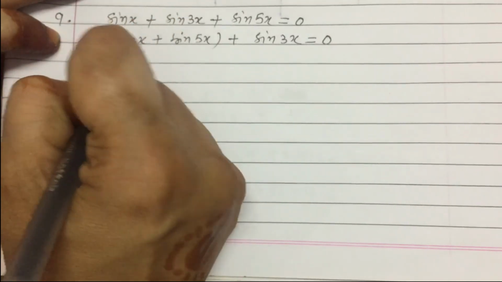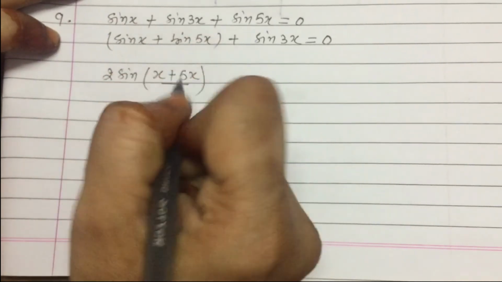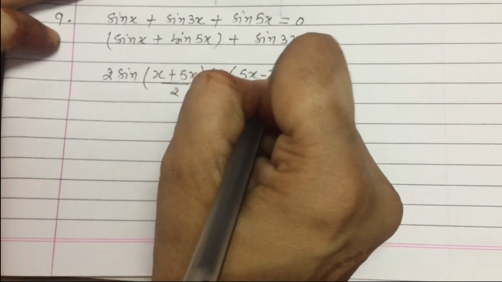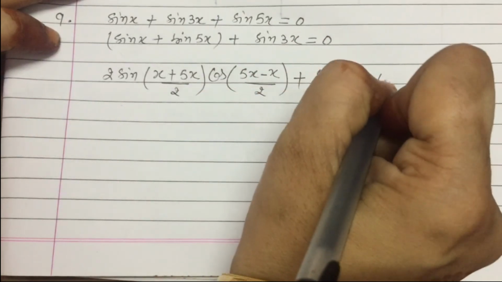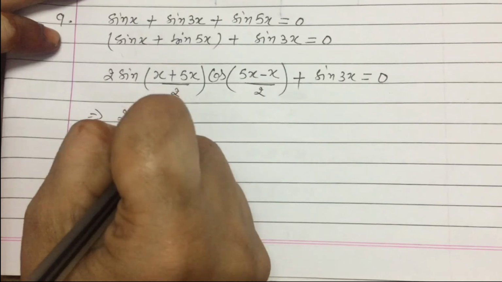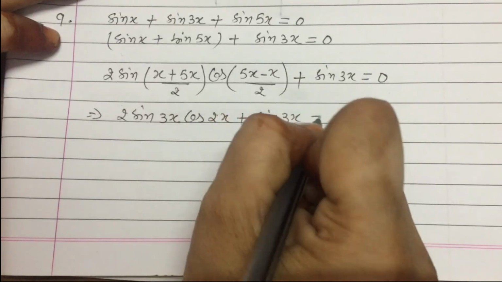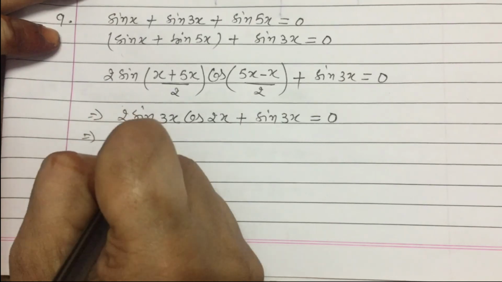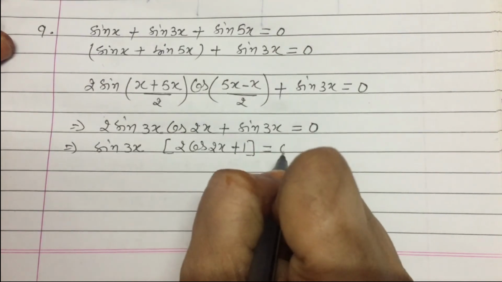You will get 2 sin ((x plus 5x) by 2) and here cos ((5x minus x) by 2). Sin 3x write as it is. So you will get 2 sin 3x cos 2x plus sin 3x is equal to 0. And now sin 3x take common, here it is sin 3x (2 cos 2x plus 1) is equal to 0.